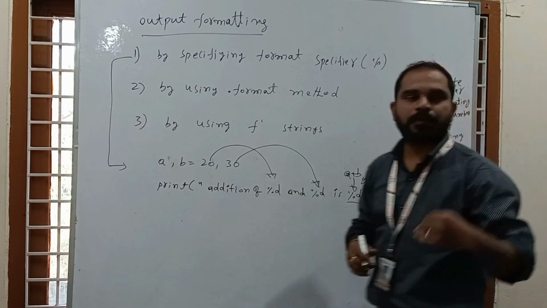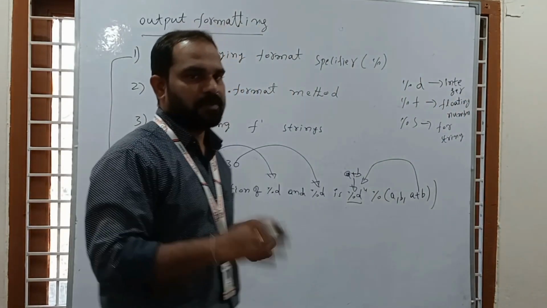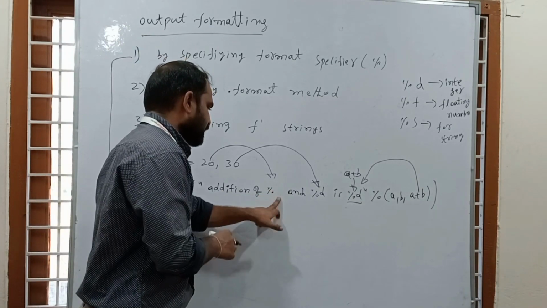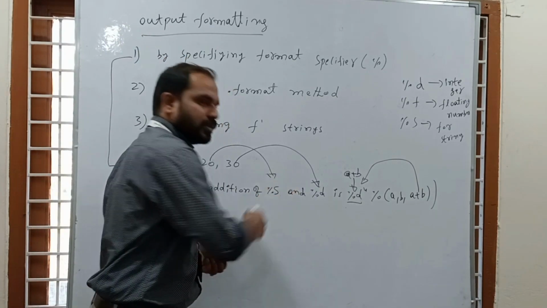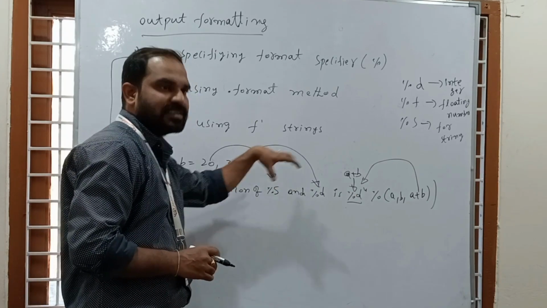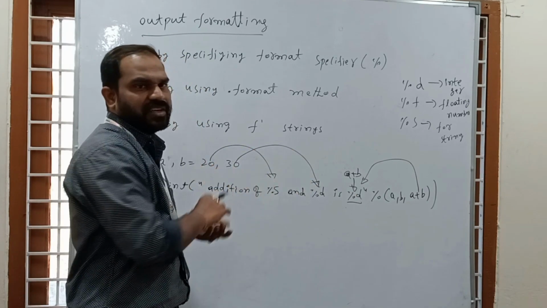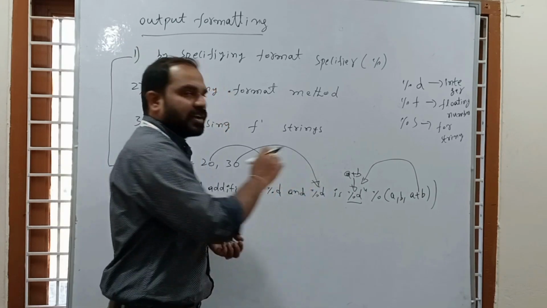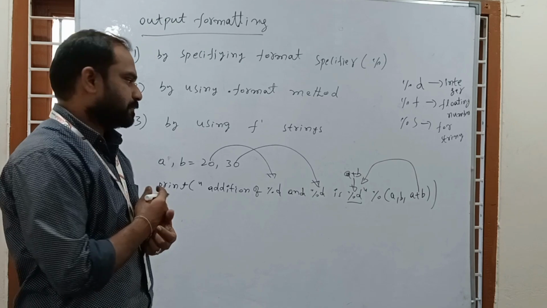Like this, many format specifiers are there; you can check that. So here, if you use %s, will you get that particular value? No, because %s is to access a string value inside a string. Only if you use %d will you get the correct value, right?